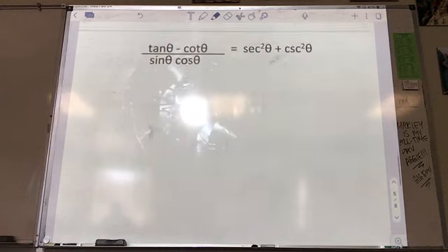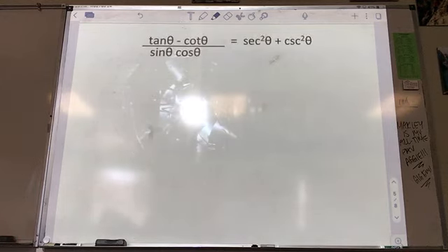Which side looks more complicated? I think the left side does, because it's got more of those circular functions and it's a fraction. So what can we do? There is something algebraically we can do. If I said 2x plus 4 over 2, how could you simplify that?